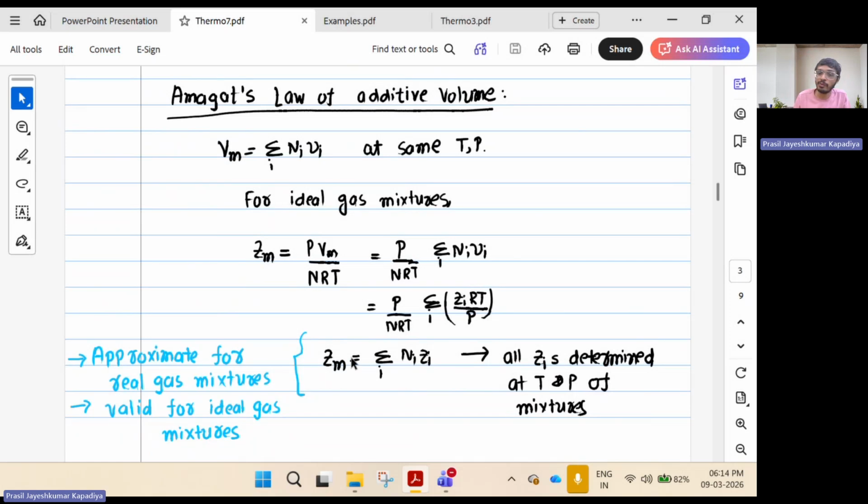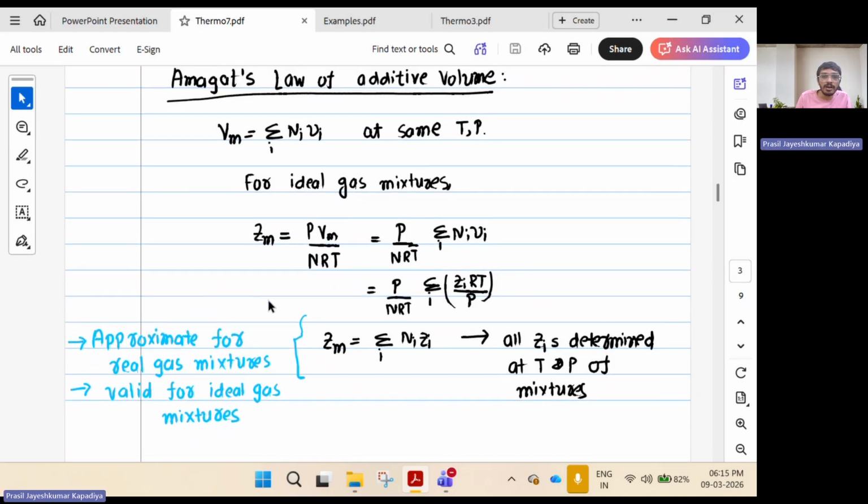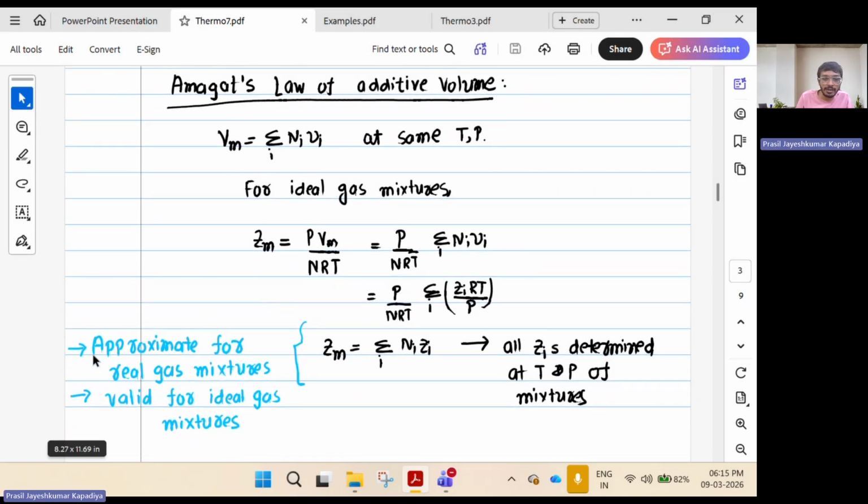If I want to find the mixture Z of CO2 and CH4 at 350 Kelvin and 1 atmosphere, these Zi's should be calculated for the pure components at the same condition only. I cannot use some other condition and then find a mixture value. That is completely wrong. This Amagat's law of additive volume is approximate. It is not exact for real gas mixtures, but when we are dealing with ideal gas mixtures, Amagat's law of additive volume holds true.